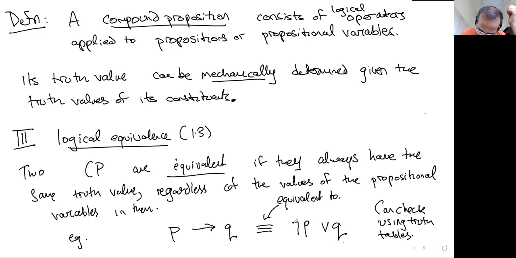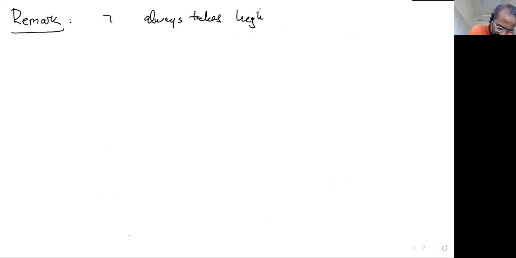So this is a negation of P. If I wanted to be completely explicit, I should have put parentheses. But just like in arithmetic, there is a precedence order in these logical operations. The main thing you need to know is that not always takes the highest precedence. So it's a great question. Remark: not always takes highest precedence.